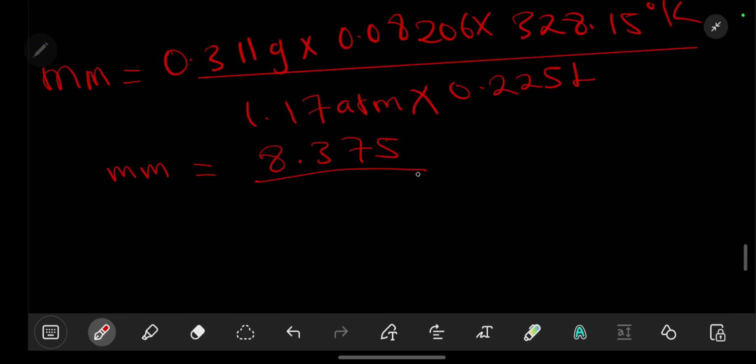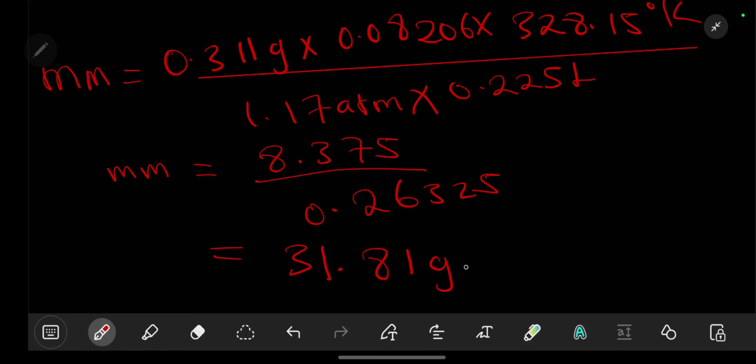We divide this by 1.17 times 0.225, which gives 0.26325. Then 8.375 divided by 0.26325 gives 31.81 grams per mole. So this is the molar mass.